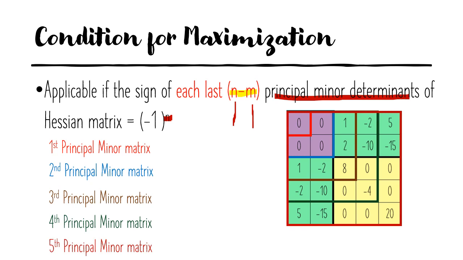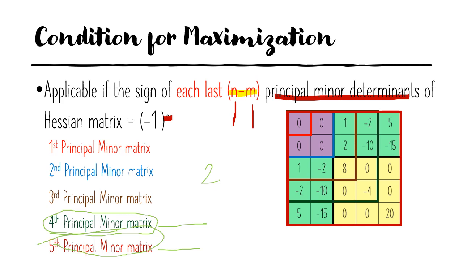If I get n minus m equal to 2, which means the last two, the fourth and fifth, I have to take the determinant for the fourth principal minor matrix and the fifth principal minor matrix. These two determinants should be equal to minus 1 power n. So that has to be done.